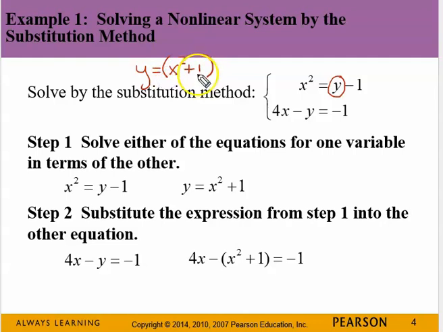And that's what they're doing. So in this equation here, where there is a y, we are substituting this. So I've written it here, and now let's go to the whiteboard.